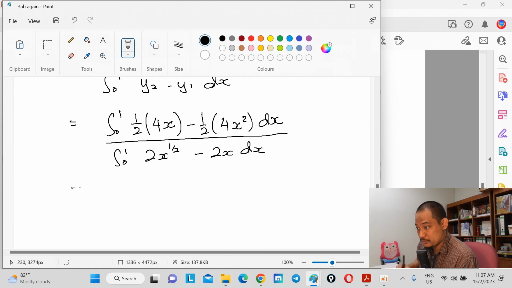And then I hope you can still follow. Anyway, this becomes 2x squared, right? Because 4 divided by 2 is 2, and then divided by 2 is 1. Okay, and then minus 2 over 3 x cubed, right?